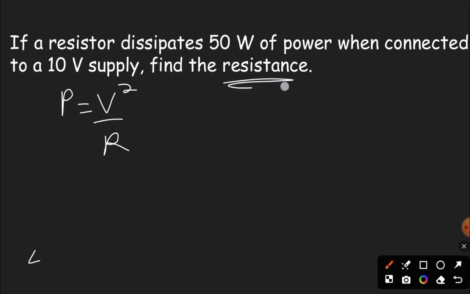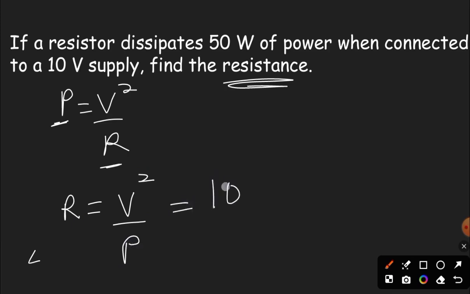So we are supposed to find resistance. Now, if you follow my series, I told you that anytime you want to make a denominator the subject, and you have a variable that is equal to a fraction, just exchange the position. So R equals V squared over P. So we have V to be 10.